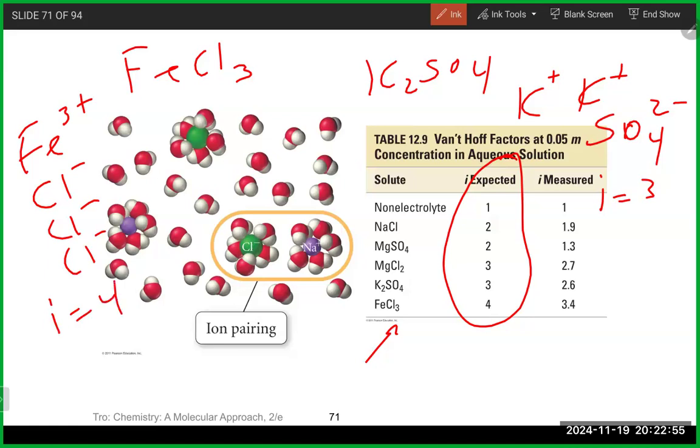So again, that's the way you could calculate i and incorporate it into your calculation when you're dealing with anything that is ionic. Anything that is not ionic, non-volatile, non-ionic, i basically equals 1. So you could pretty much just do it like we were doing previously.